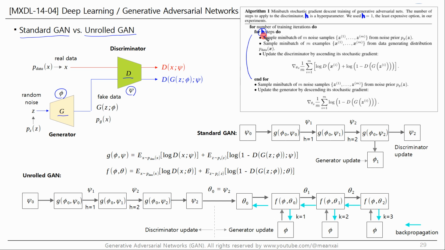H can be set to 1. And the generator is updated once while keeping the discriminator fixed. That is, the discriminator and generator are updated independently and alternately. If h is set to 2, this process can be represented as a computational graph as follows.